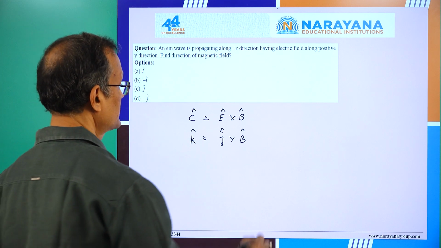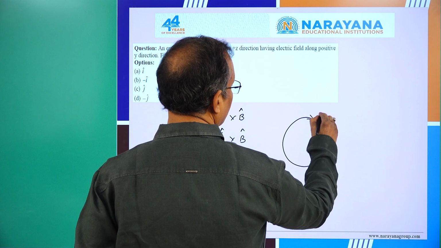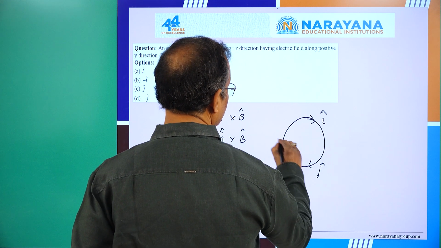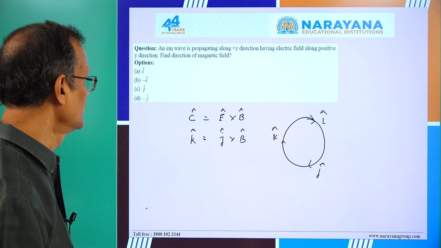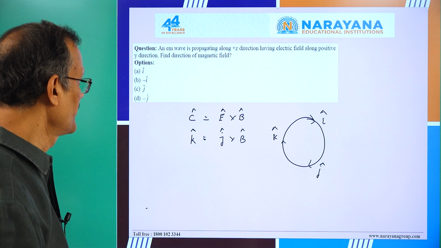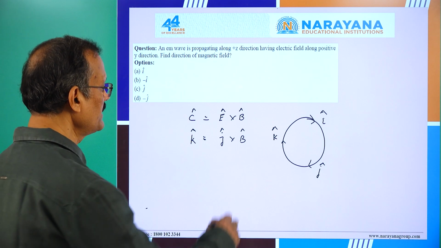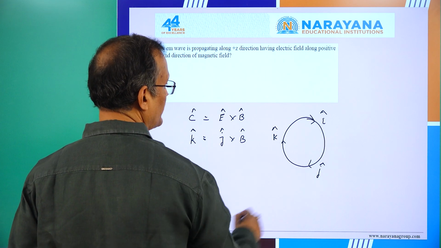If you take the circular permutation rule, this is I, this is J, this is K. I cross J is K, J cross K is I, K cross I is J. Here it is J, and K I want.